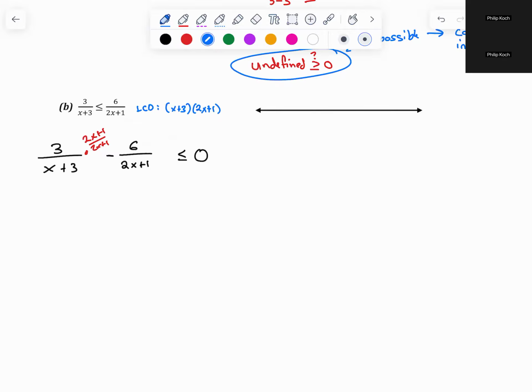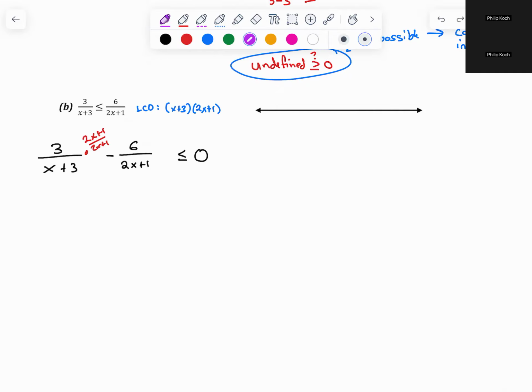Remember, the LCD is the collection of all the prime factors raised to the highest power that you see. So x plus 3 is a prime factor, 2x plus 1 is a prime factor. They're both being raised to the first power.